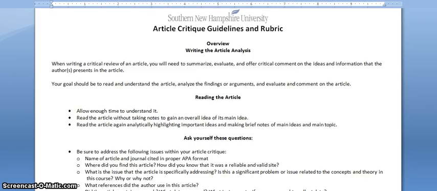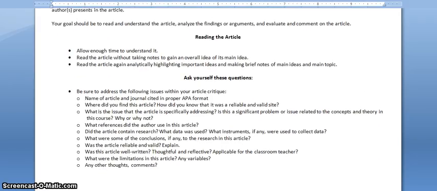I'm not going to read this verbatim, but when you go through an article, and some of them can be 5 or 6 pages long in that fine print, you start losing your train of thought. This gives a good overview: allow enough time to read through it without taking notes just to get a general idea, and then you can go back and highlight again and take notes.